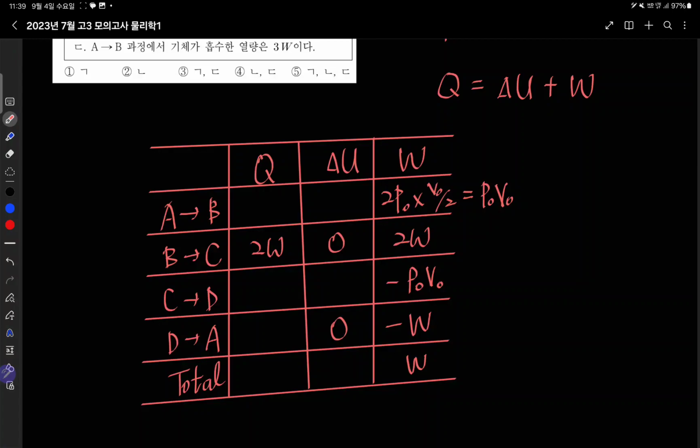And from D to A, the engine releases the amount of heat W, because the energy change is 0, to satisfy this equation.